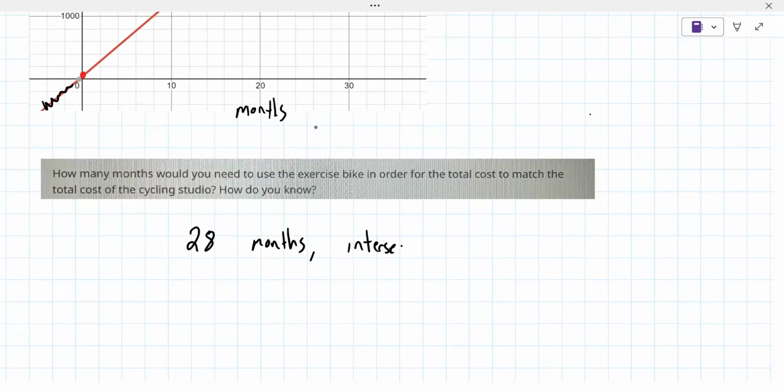That is the intersection of the two lines. Okay.